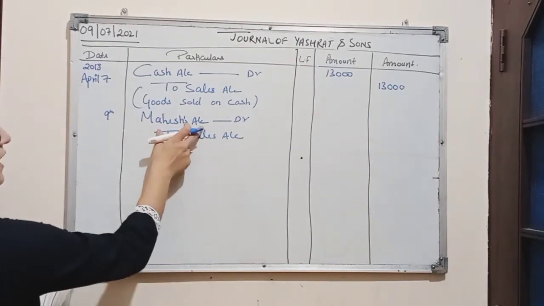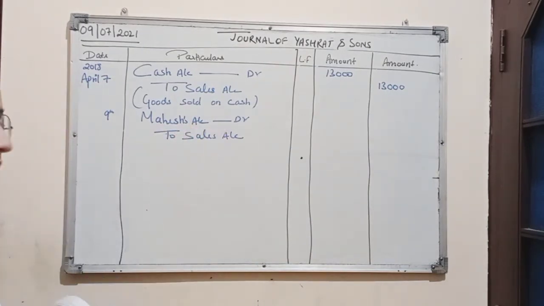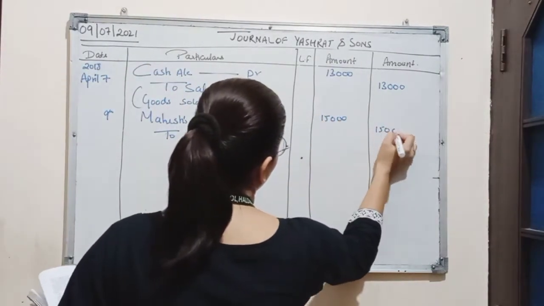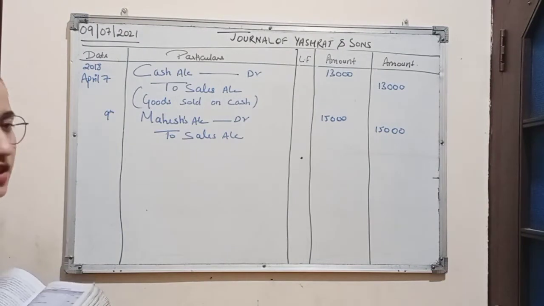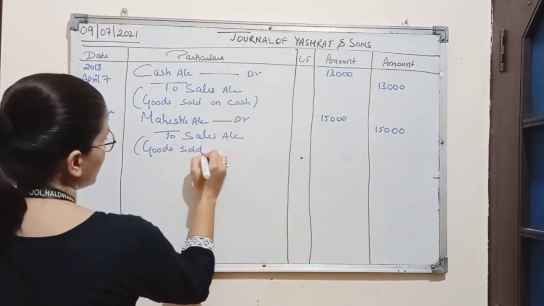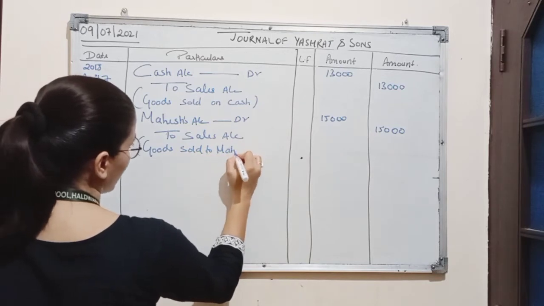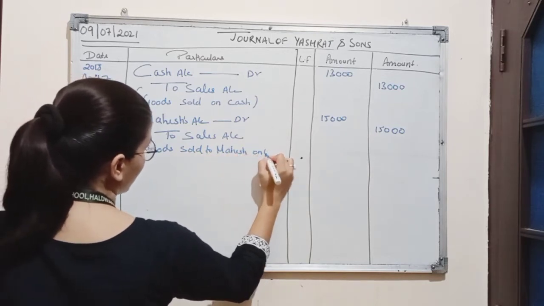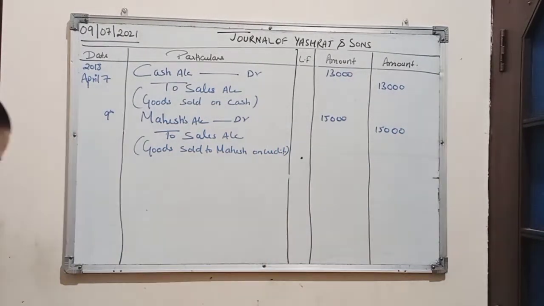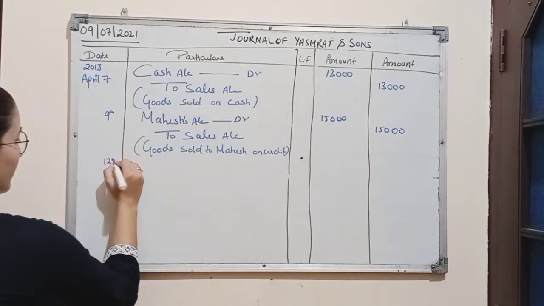Entry is Mahesh account debit to sales account. Amount is 15,000. And narration for this transaction will be goods sold to Mahesh on credit.